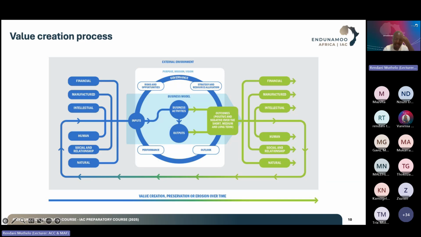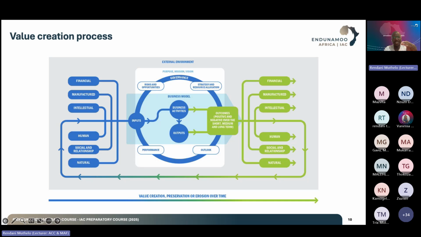Then in the middle, as you can see, we've got inputs, business activities, outputs, as well as outcomes. So that is how we think about it.